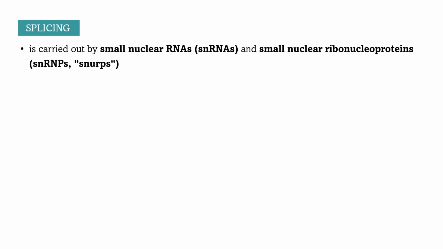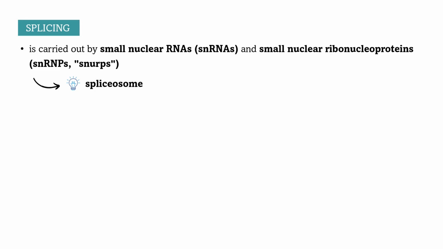RNA splicing is carried out by special RNA molecules called small nuclear RNAs, snRNAs, that together with proteins called small nuclear ribonucleoproteins, snRNPs, often pronounced as SNRPs, form a special structure called spliceosome that is responsible for the process.